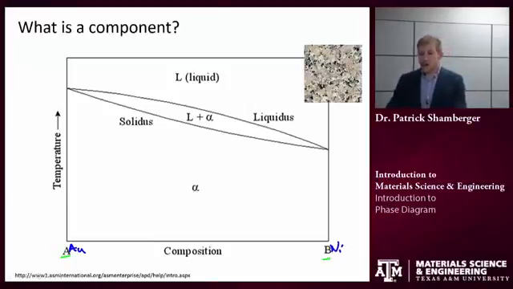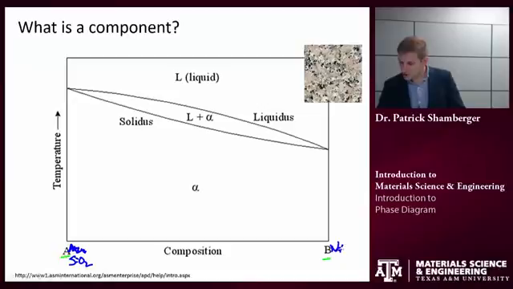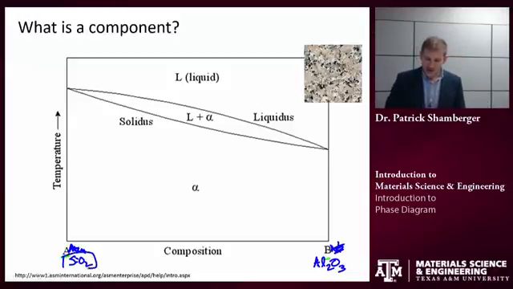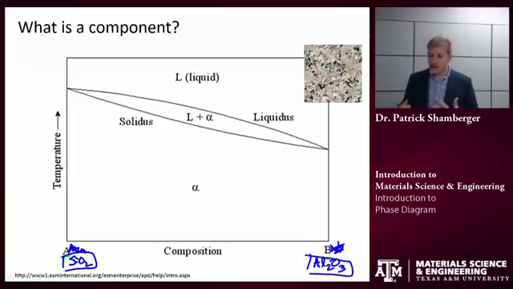The components could be more than just a single atom, though. So, for example, I could look at the SiO2-Al2O3 phase diagram. In this case, I'm looking at this chemical unit, SiO2, and this unit, Al2O3.